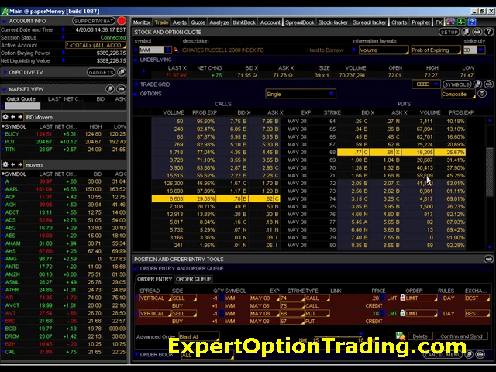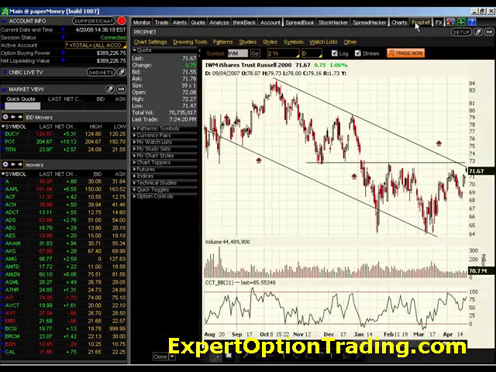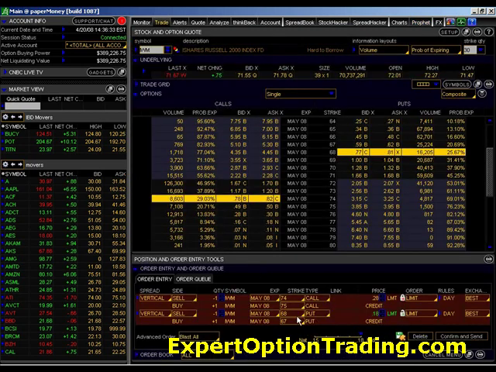But as you can see, there may be support brewing right around the 68 level because it hit it here and it went back up, it hit it here and it went up. So 68 might be a good place to sell our puts at this point, because it's formed a support point a couple of times when the market has gone down.